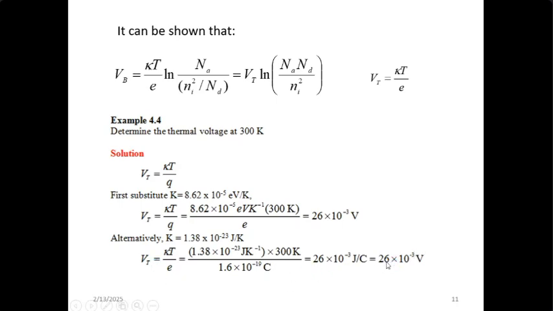So we can say the thermal voltage can also be quoted as 26 millivolts. Okoth, do you understand how we are doing this?